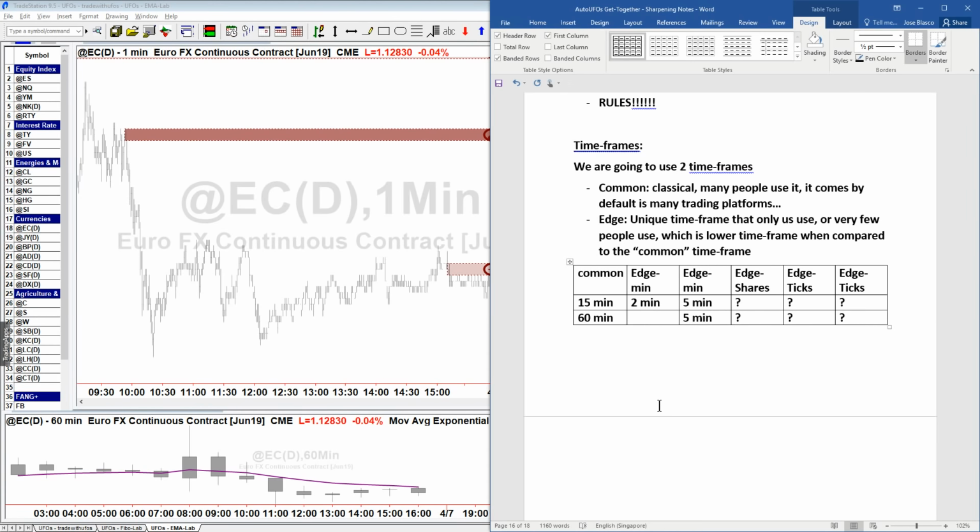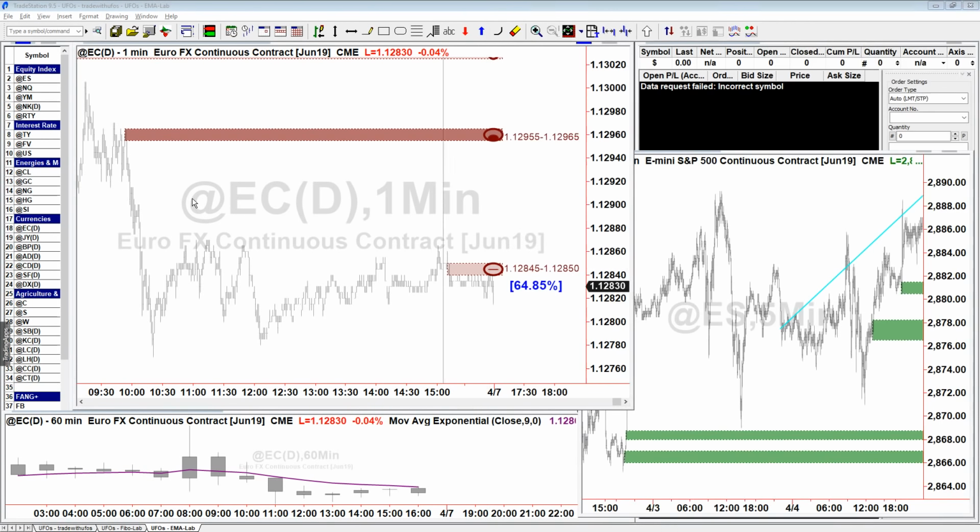If you do have the possibility to add edge time frames, like in TradeStation, you could input them. If you have not seen that done before, take a look at the upper part of the screen. I'm just going to click on the chart and type 8, then a blank space and MIN.